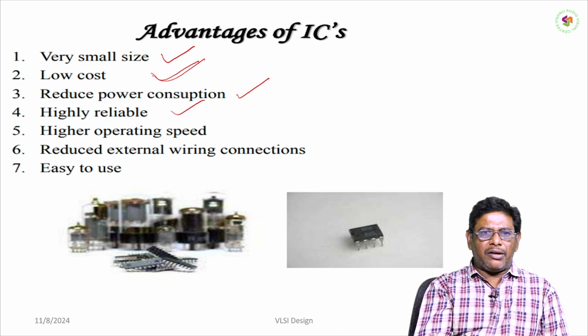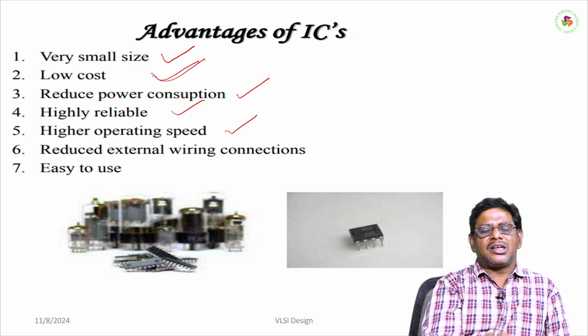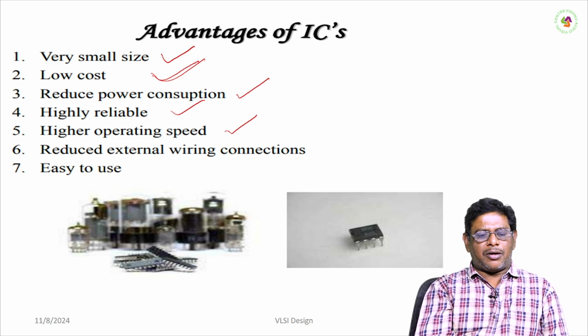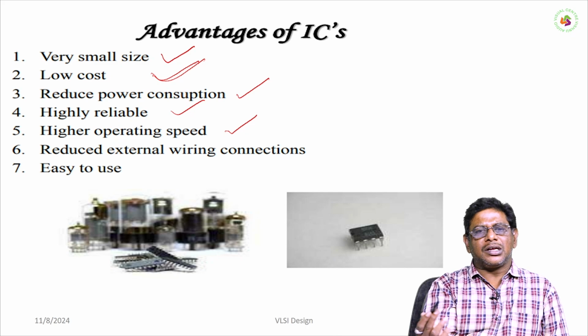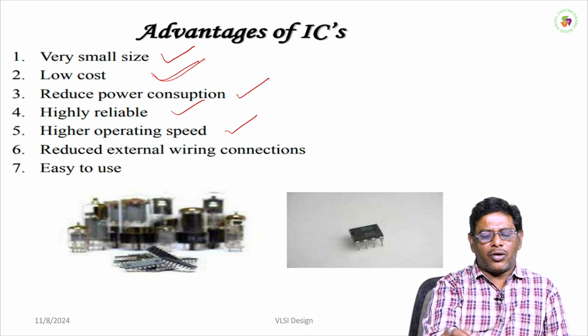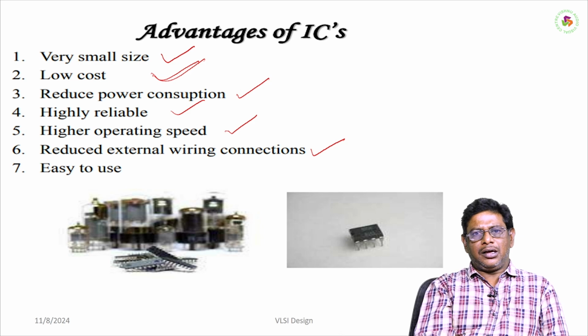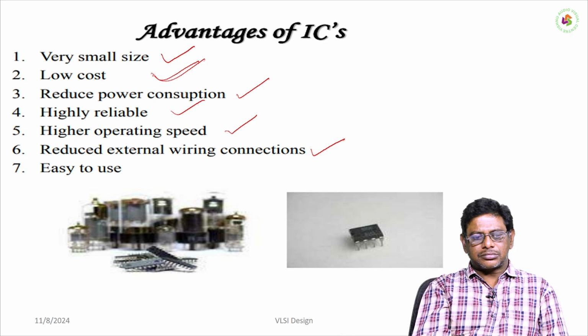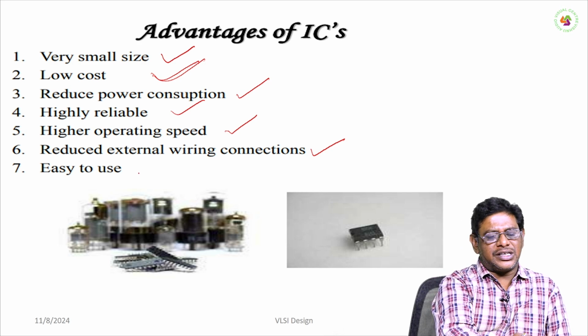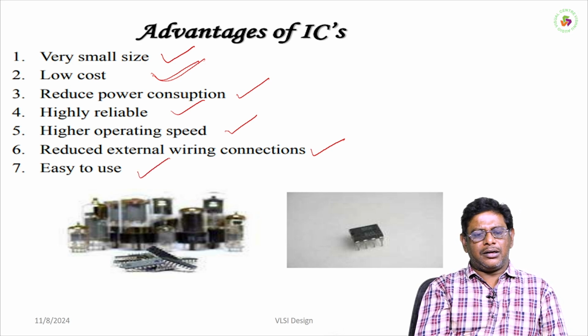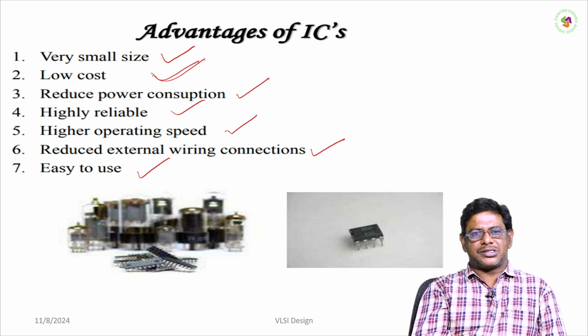Compared with a BJT, its operating speed is high, and instead of using a number of connections we can go ahead with a simple integrated circuit, which reduces the number of wires so that it can be useful for further use, easy to use and simple in design. These are the advantages.